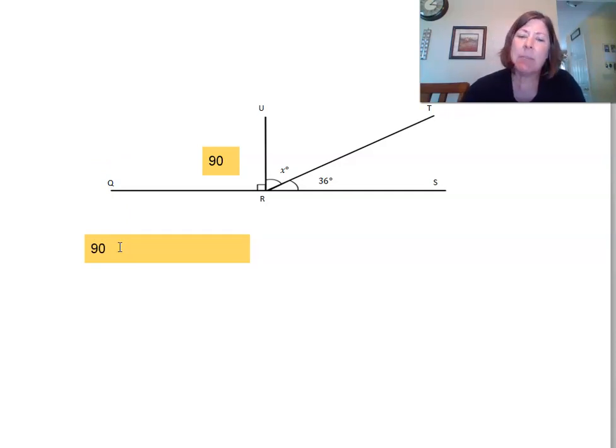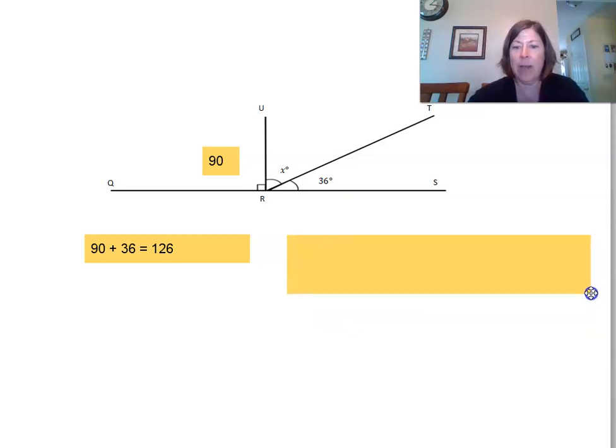It's almost like I have a tape diagram of angles here. 90 plus 36, which is equal to, if you do the work on the side of your paper, 126. Now that 126 is this angle and this angle together. It is not x. We can clearly see that x is an acute angle.